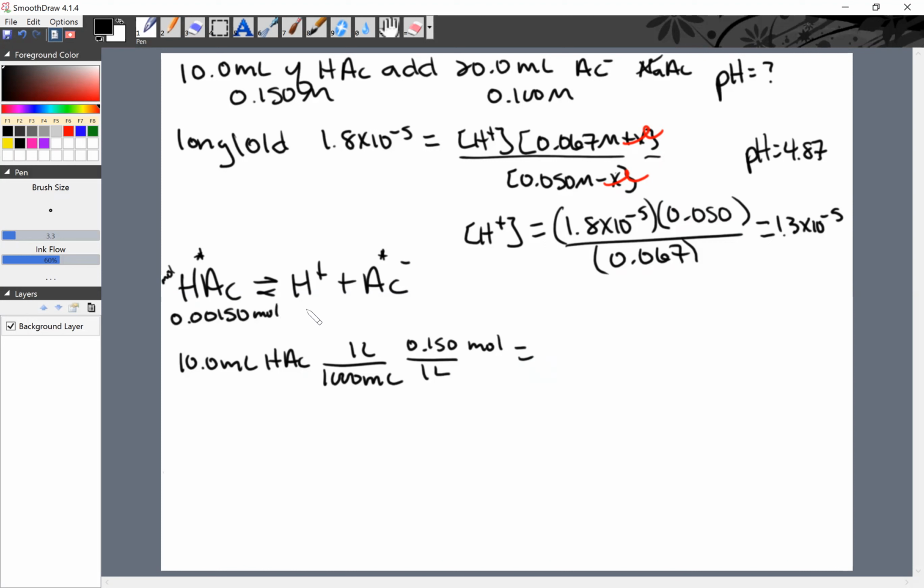I didn't start with any proton moles. And acetate, 20 milliliters of my sodium acetate, convert to liters. For every 1 liter, there is 0.10. So 20 mL divided by 1,000 times 0.1 is 0.002.